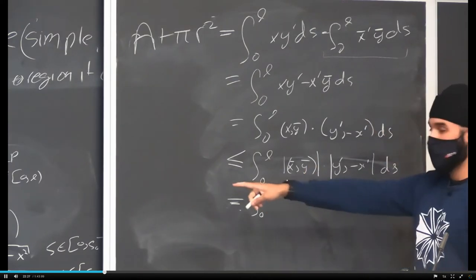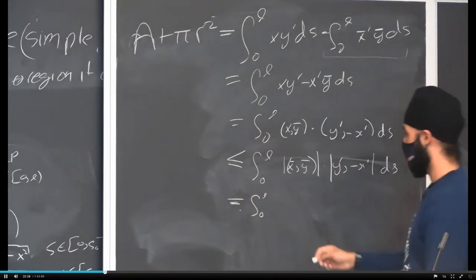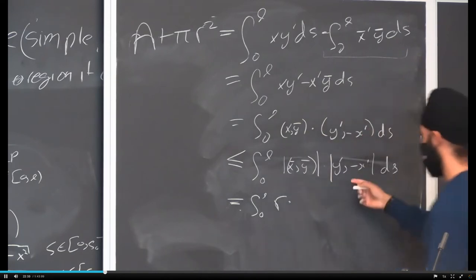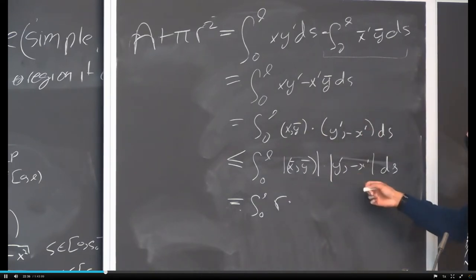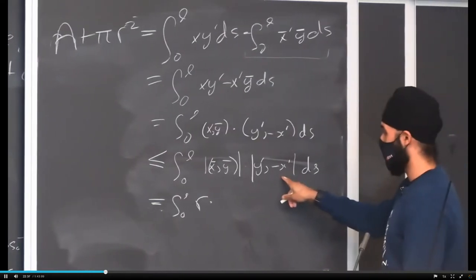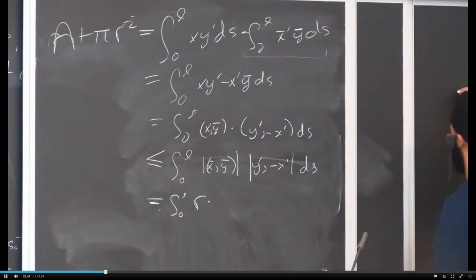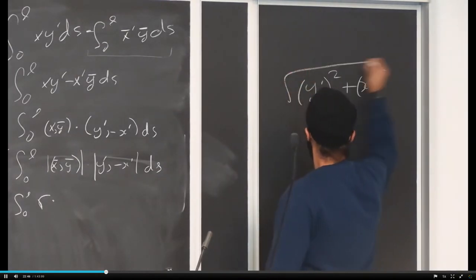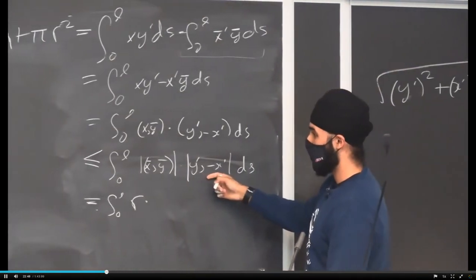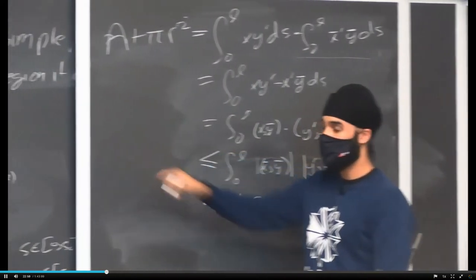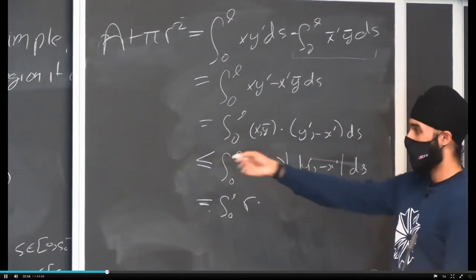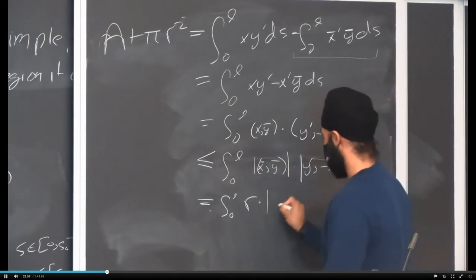And this is the magnitude of a circle, which is just going to be r. So that's kind of cool. This is like our derivative. It's not exactly our derivative, but if I do this separately, it's going to be y prime squared plus x prime squared. Even though this doesn't represent the derivative of our curve over here, the magnitude is going to be the same as the derivative of our curve. Well, it's arc length parametrized. So there you go. It's 1.